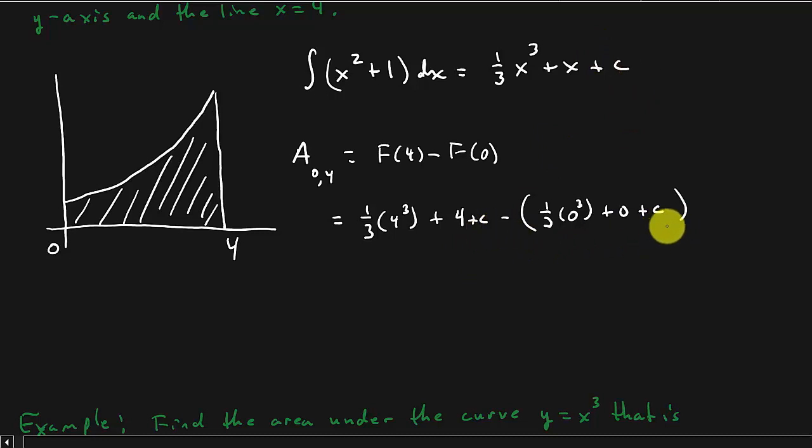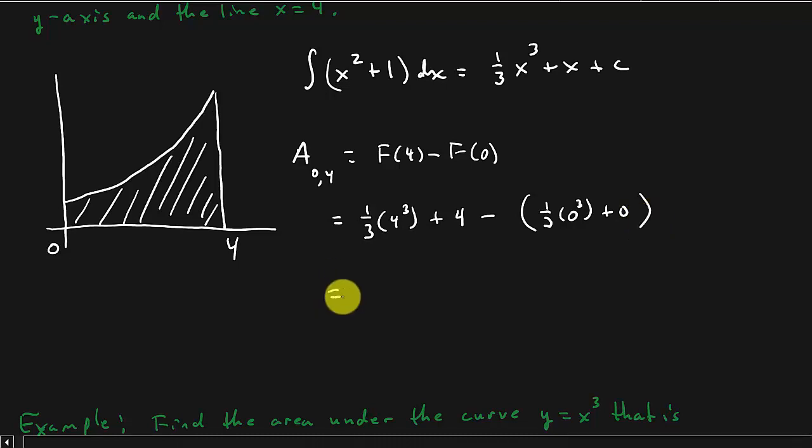What's c minus c? It's 0. The constant term is going to cancel out every time. So there's no sense in putting it. So we just leave it like this. Basically what I did, I said, okay, I've got a plus c here, I've got a plus c here, but they cancel out to 0, so I'm just not going to write them.